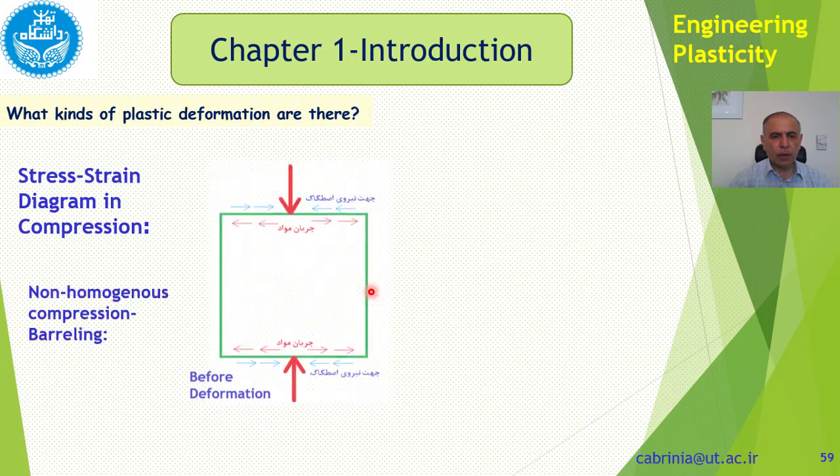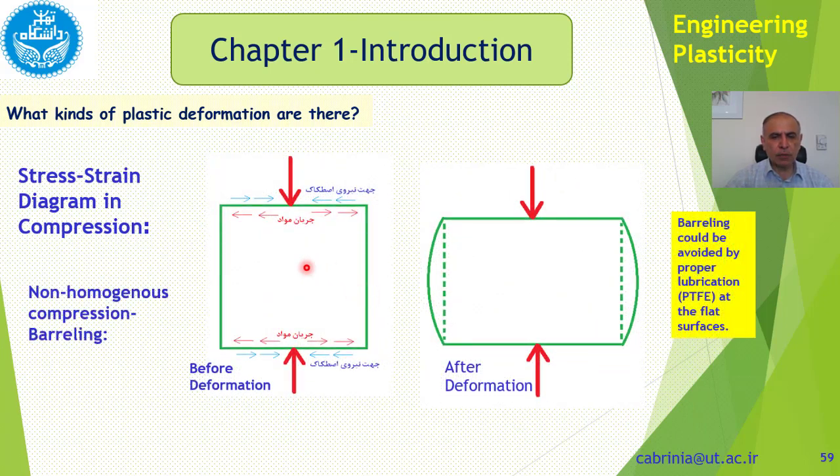To illustrate further, we check with the non-homogeneous compression. In non-homogeneous compression, barreling occurs. Barreling is this, it's like a barrel. As you can see, it means that the material flow at the top is hindered and the material flow at the middle of the cylinder is easier.